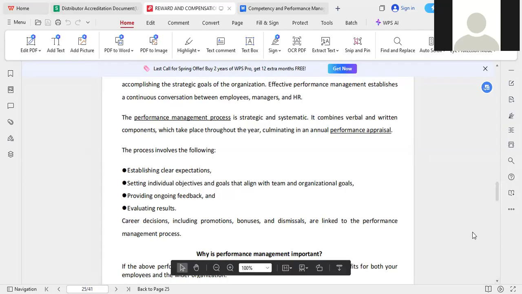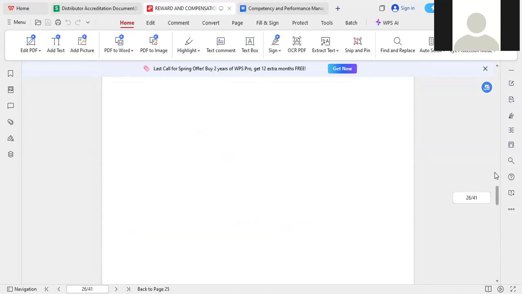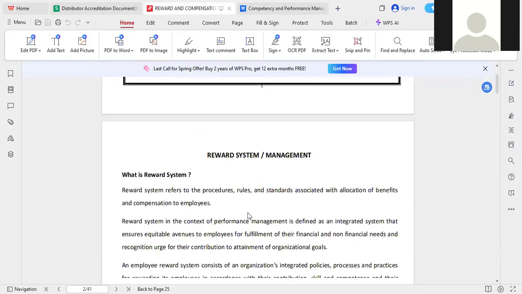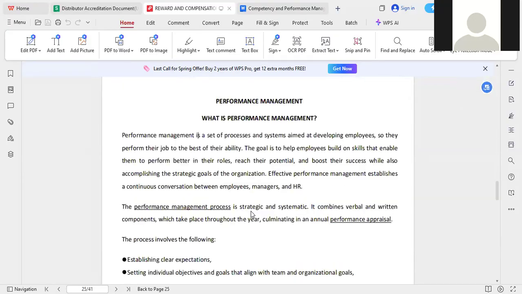Then we talked about why it is important to have performance management. We were able to look at that yesterday.